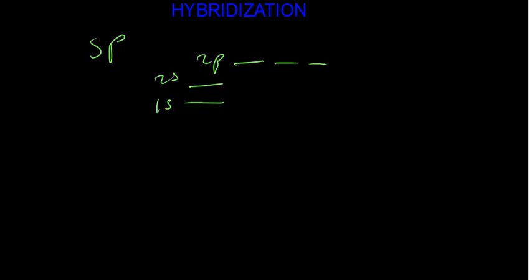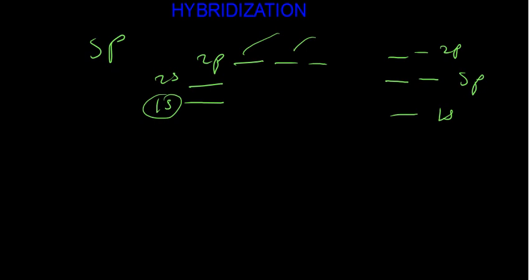Now how does it really happen in this case? Okay, so what happens is we have this one coming, and then one of these also coming. So the result will be we are going to have two sp hybrid orbitals, and then remember two have remained there. So the two which have remained are there, the 2p. And then you've got the 1s which is down there. So this is how it's going to happen.